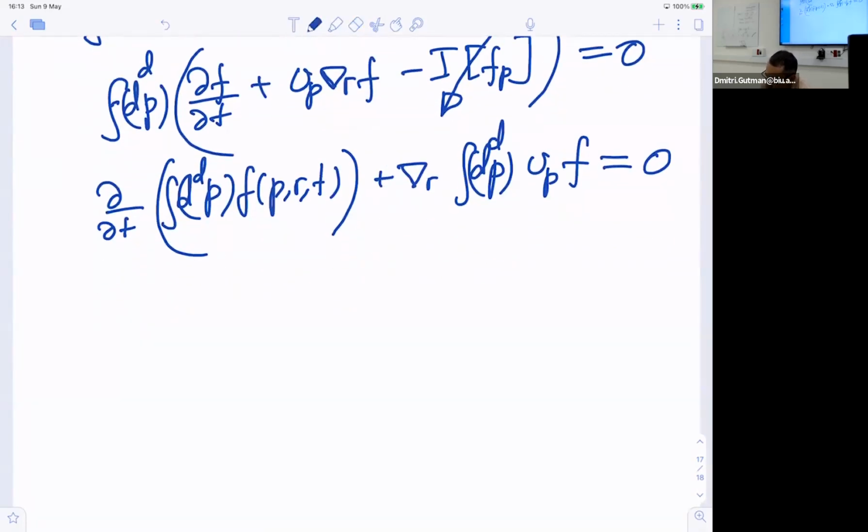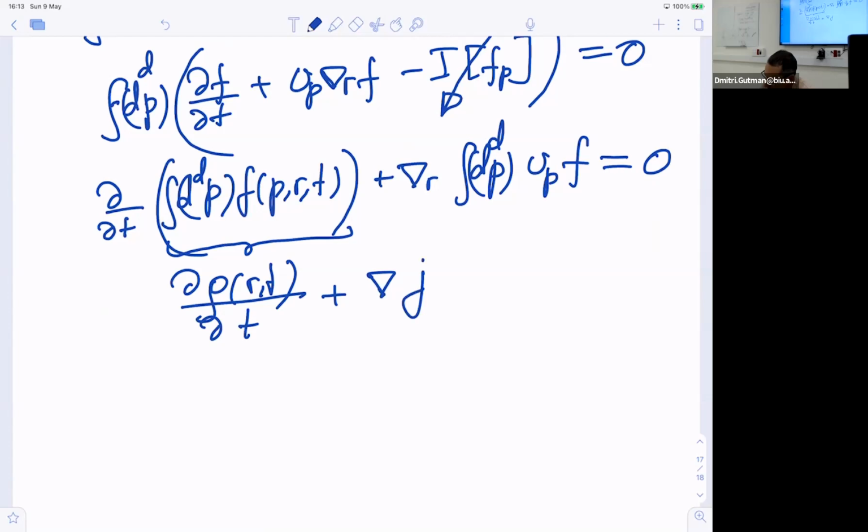Okay, then, as we said, the first integral is, by definition, the particle density at the point r, time t. So we are getting d over dt of the particle density plus the divergence of something that we'll call vector j is equal to 0, where vector j is an object that we just defined.